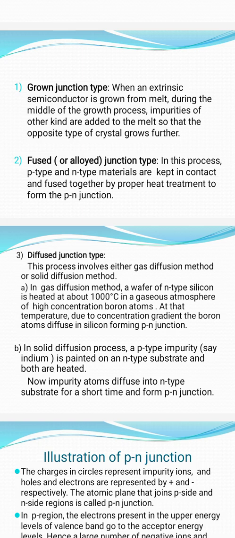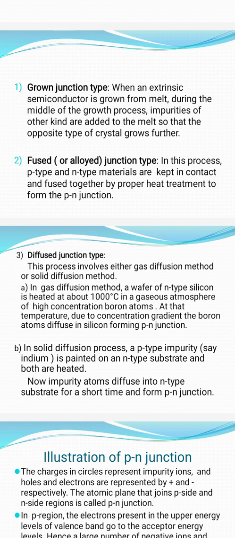That's what we discussed. Next, the alloy method. Alloy means a mixture of compounds. In this alloy method, we take one type of semiconductor and keep it upon another type. Let us take an N type semiconductor and keep it on the P type semiconductor.